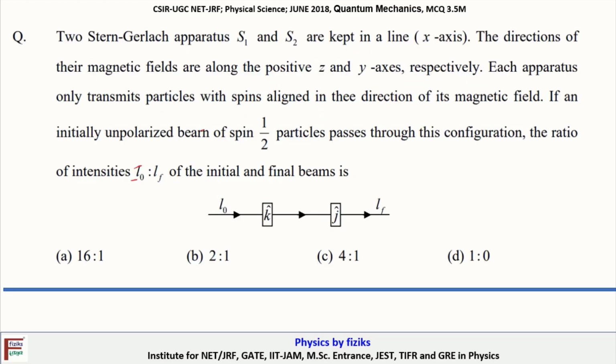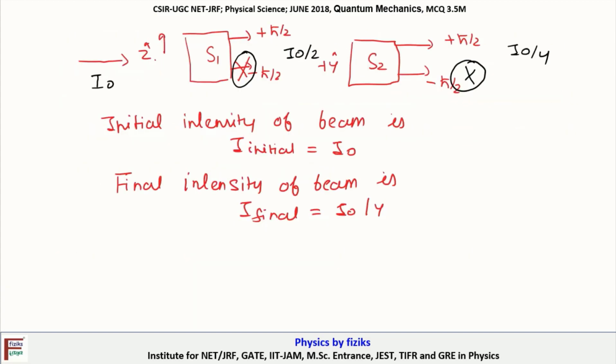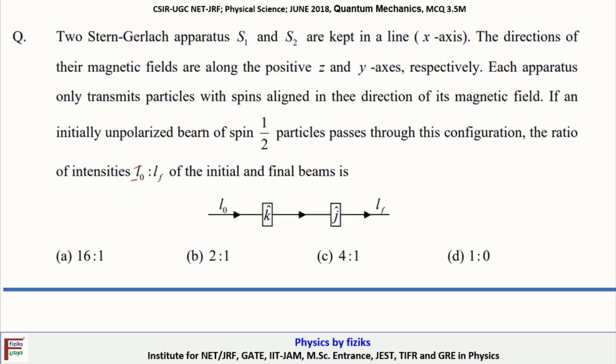Thus the ratio of I initial by I final is I naught to I naught by 4, that is 4:1. So our option would be C, which is correct for this question.